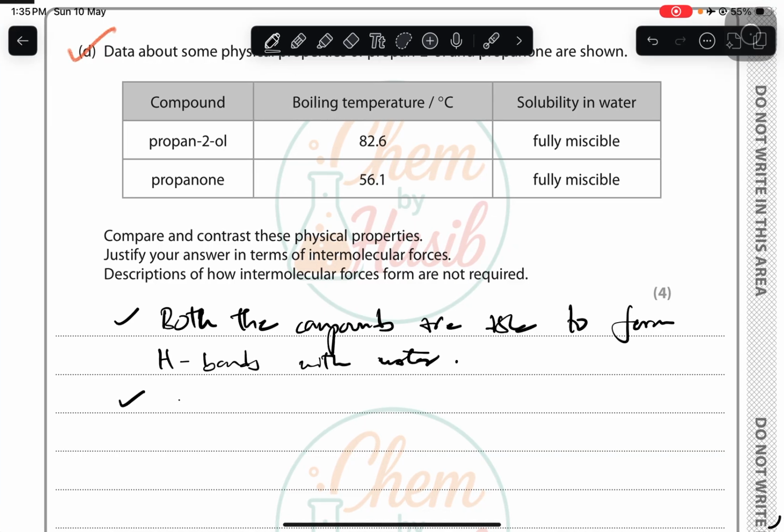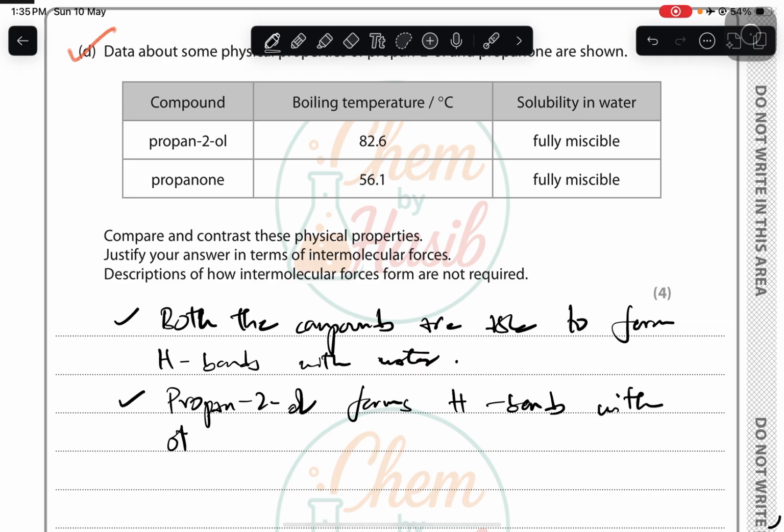Now propan-2-ol forms hydrogen bonds with other propan-2-ol molecules, right?